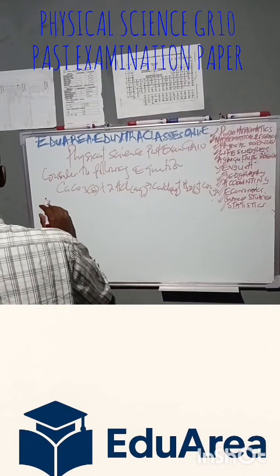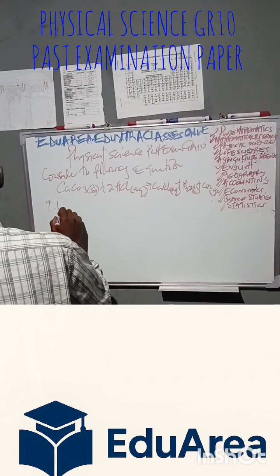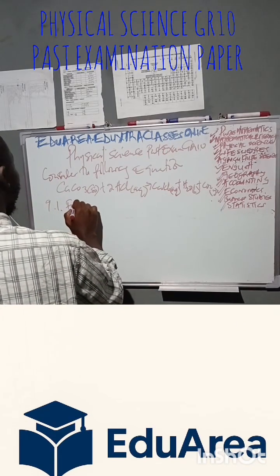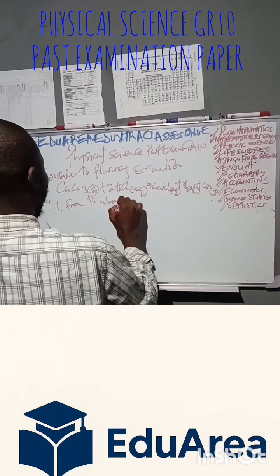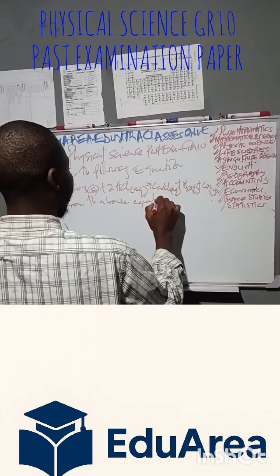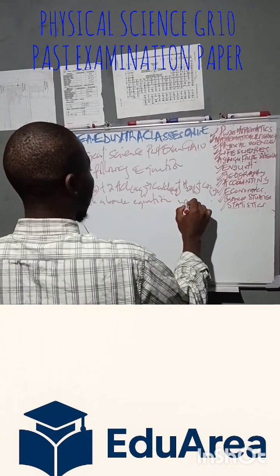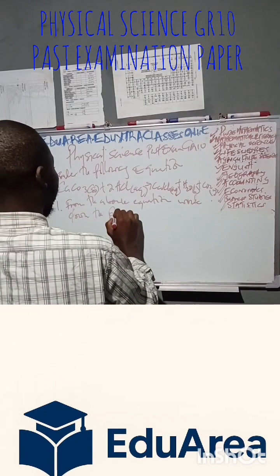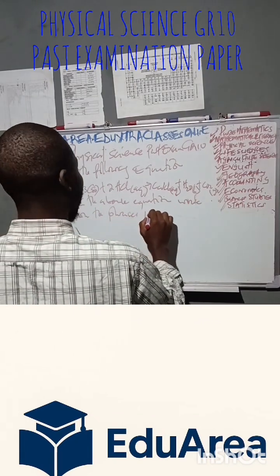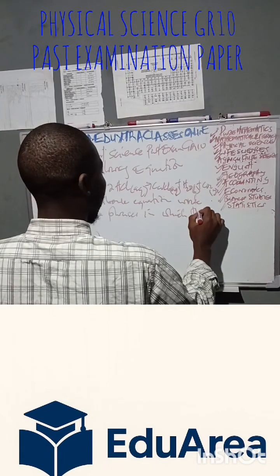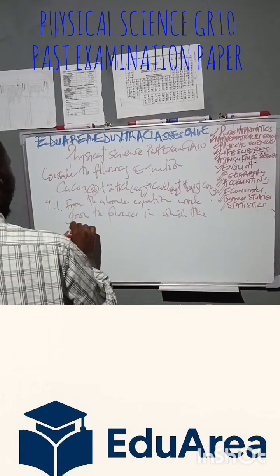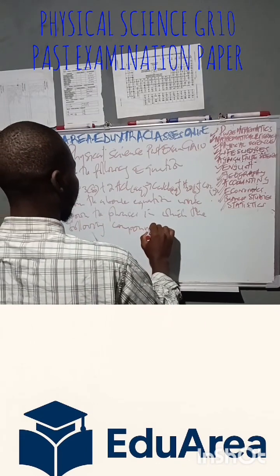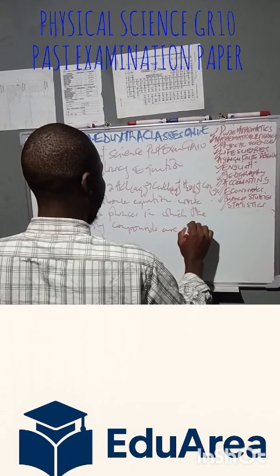Question 9.1. Then it says, from the above equation, write down the phrases in which the following compounds are found.